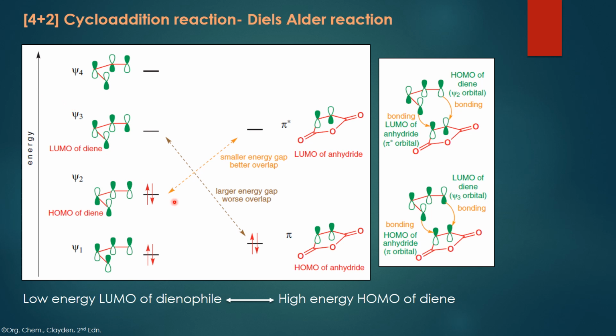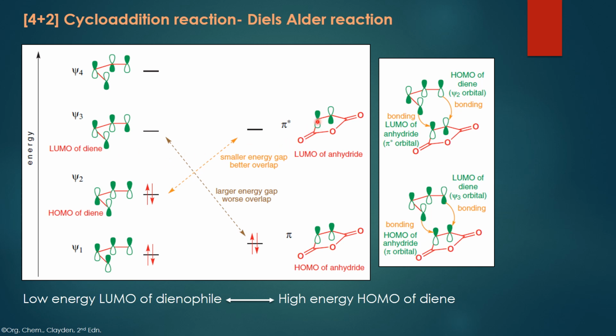And what happens when it is photochemically catalyzed? When it is photochemically catalyzed, one of the electrons goes to here, and psi3 now becomes the HOMO of this diene, and this HOMO interacts with this LUMO. But we know that when this psi3 interacts with this, it is not orbitally favored.